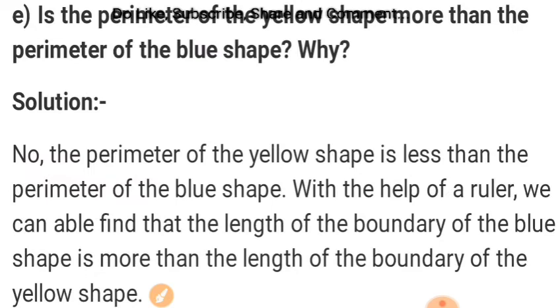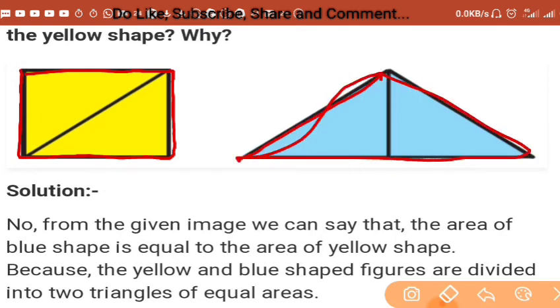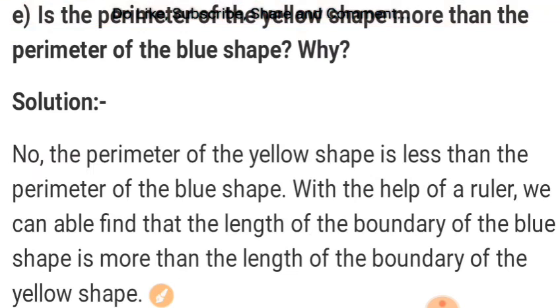Next, number 5: is the perimeter of the yellow shape more than the perimeter of the blue shape? If yes, then why? This time we have to compare the perimeter of these two shapes. You can find it easily with a ruler. You can find the boundary. Let's see the answer. No, the perimeter of the yellow shape is less than the perimeter of the blue shape.